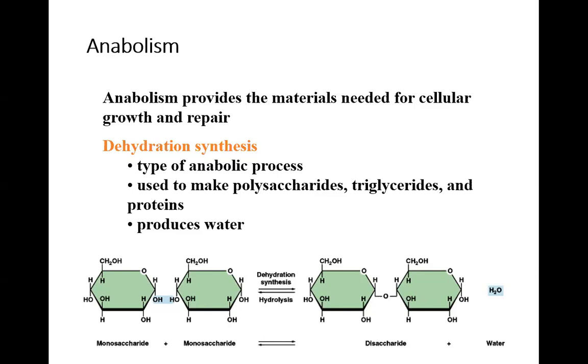We can store sugars as glycogen. We can take amino acids and make proteins, not store them, but we can turn them into proteins. Because that's what a protein is, a long chain of amino acids linked together. So these are anabolic reactions. They always require energy. It takes energy for an anabolic reaction to occur.